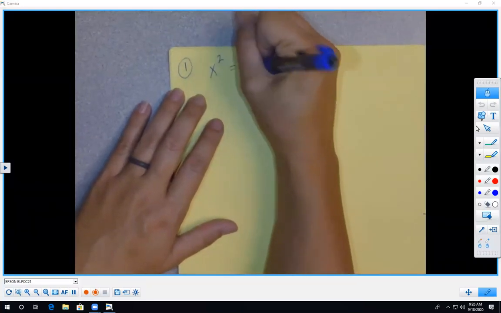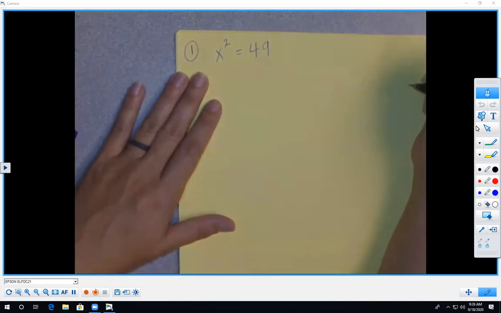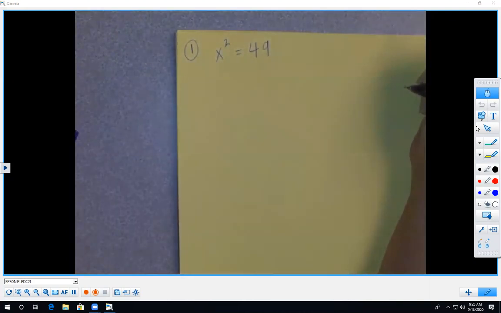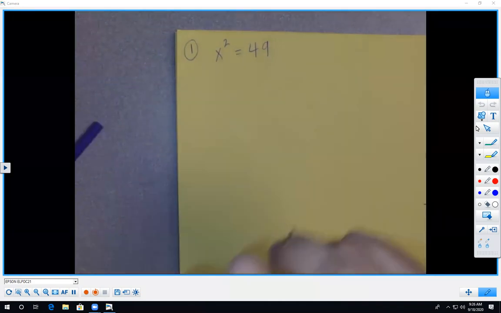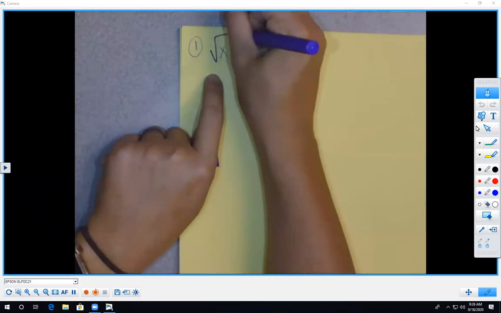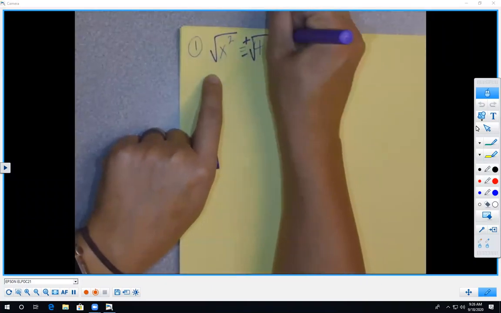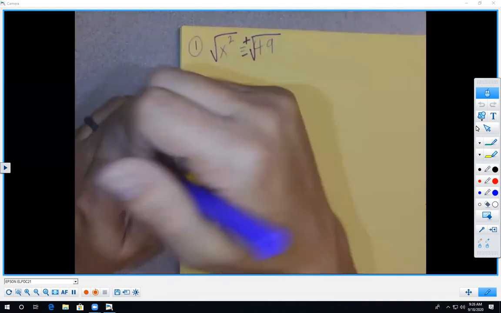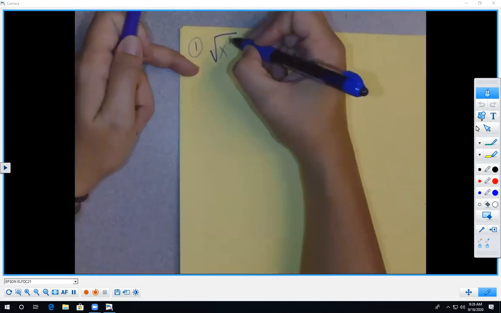X squared equals 49. So to solve that using square roots, I get the x by itself. I take the square root of both sides. Don't forget your plus or minus. Okay, so I get the square root of x squared.